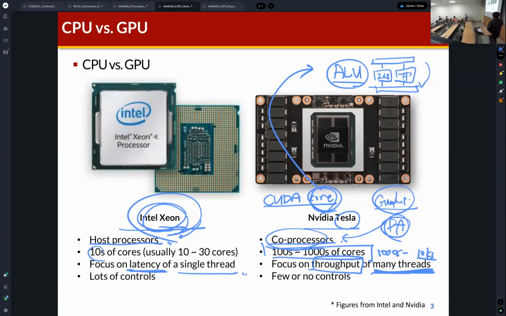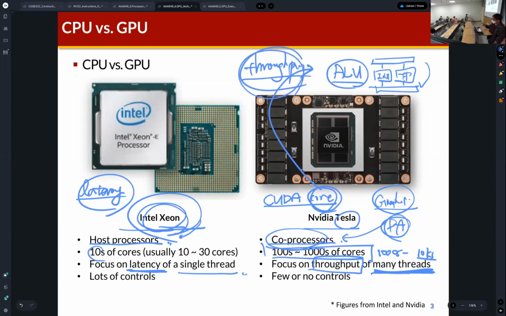So the targets are different. The Intel CPU is focused on latency, the performance of a single thread, but GPUs focus on throughput. That's why GPUs are called parallel processors.